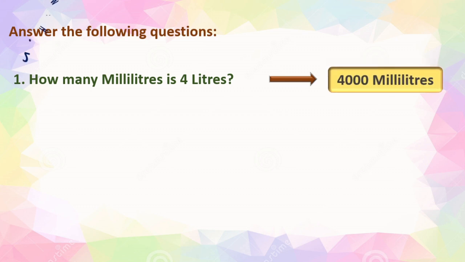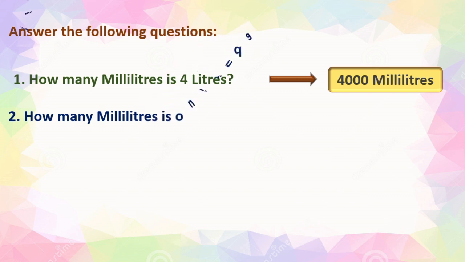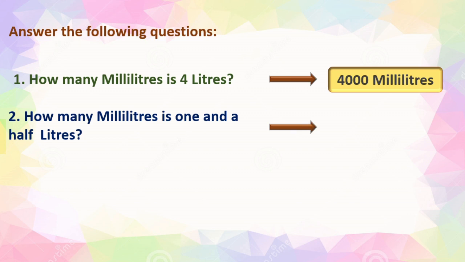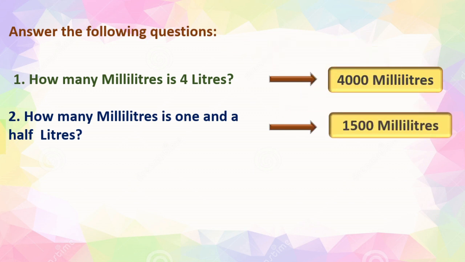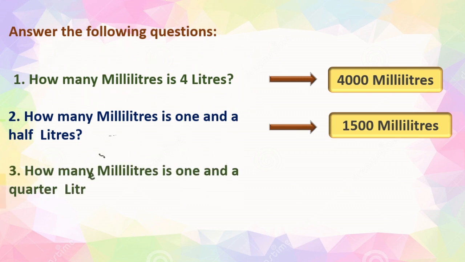Right? Next one. How many milliliters is 1.5 liters? Yes, 1 liter and half liter. Very good. 1500 milliliters. Next one is, how many milliliters is 1.25 liters? 1 full and quarter.